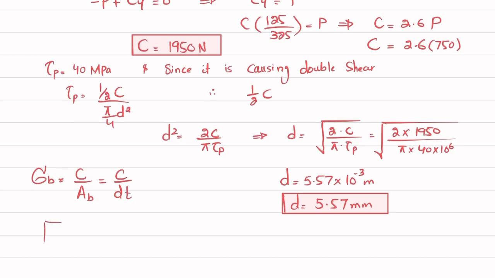Because you can see that if you have a plate of some thickness and there is a hole, the bearing area will be equal to the diameter of this pin into this thickness T. So you can just put the value. Bearing force C is 1950 divided by the diameter of the hole in which this pin is inserted, 5.57 into 10 to the power minus 3 converted into meter, multiplied by thickness.